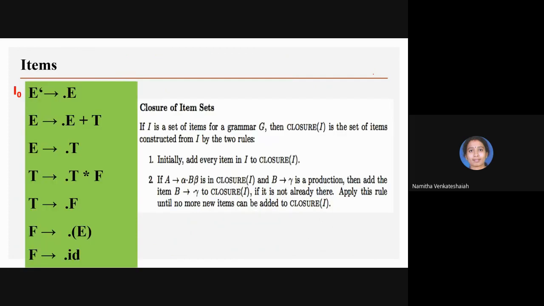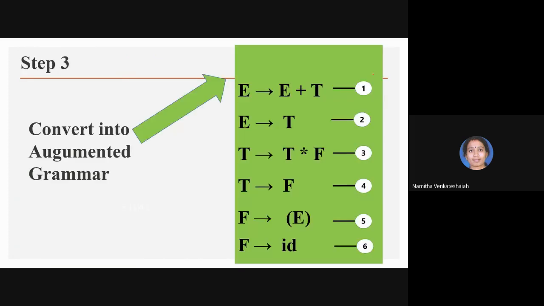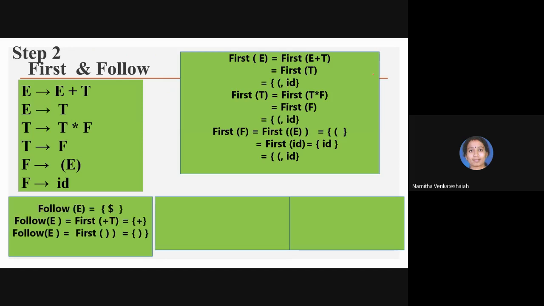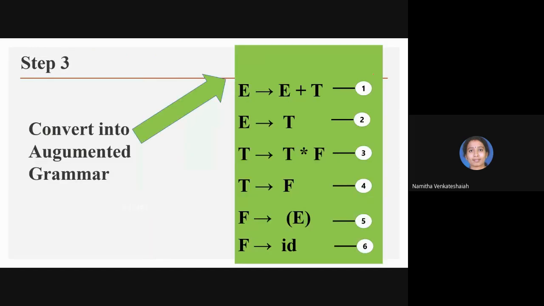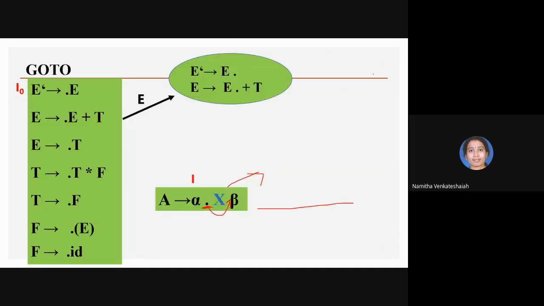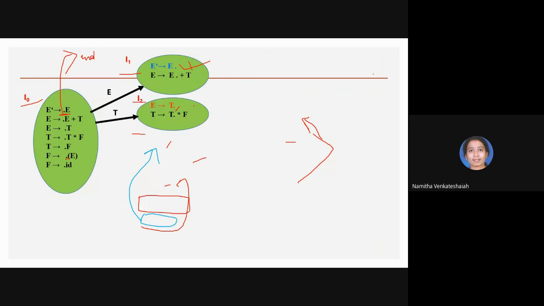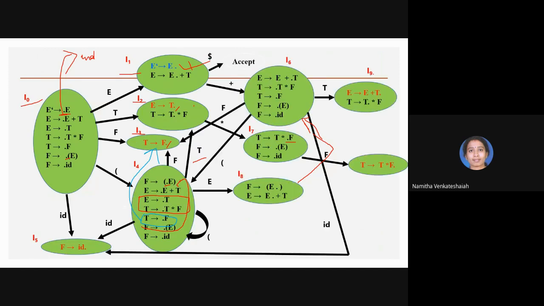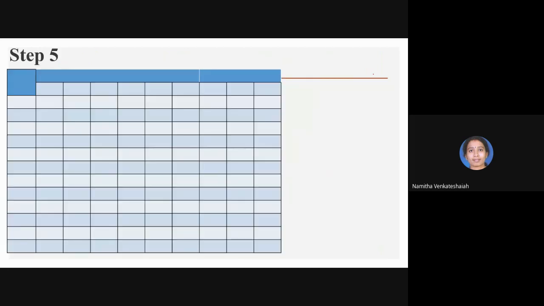What do you mean by converting into augmented grammar? Adding E dash produces E, like this. Then we understood what items and goto are. We just did it. And now we have learned all the states. So after learning all the states, I have to consider the SLR table.